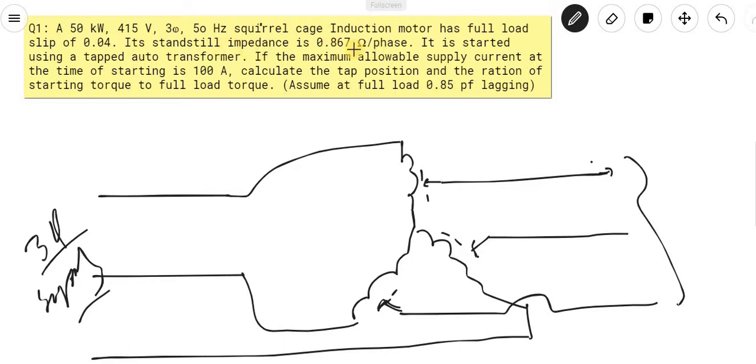Standstill impedance means the per phase impedance in the blocked position, when the rotor is not rotating.